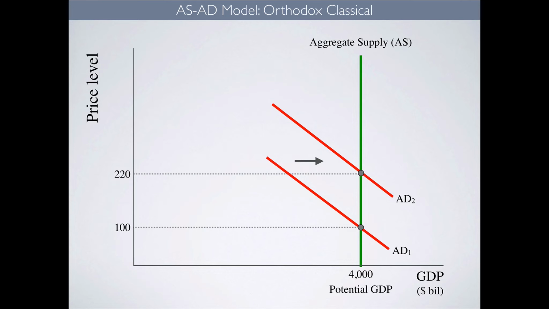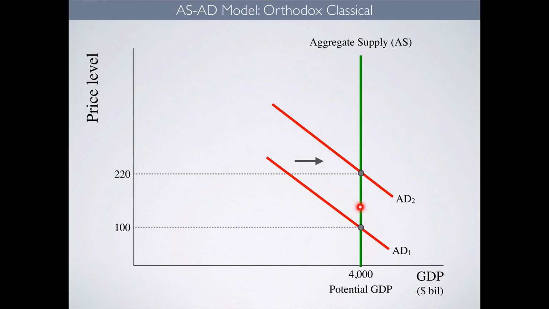So in classical economics, the equilibrium occurs at the potential GDP. Notice where this vertical line hits the axis: at 4,000. Potential GDP is 4,000. So the economy is, in classical economics, always at its maximum potential. That's the nature of capitalism in the classical model.